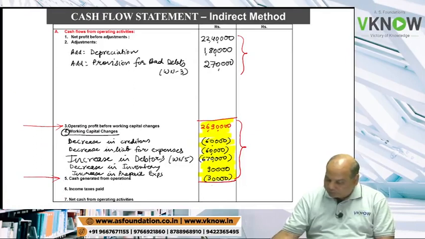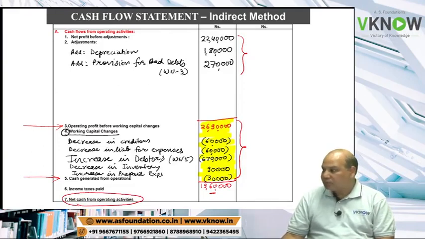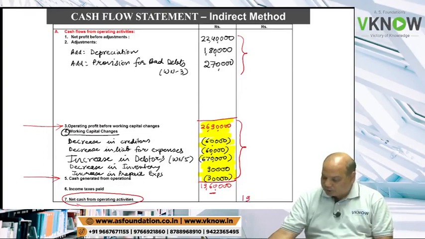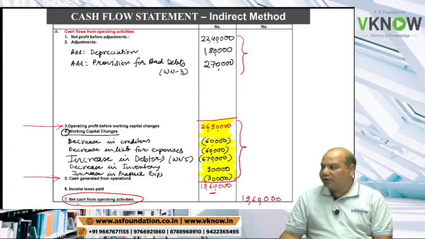Then income tax paid is 0 in this question, so cash flow from operating activity will be 19 lakh 60,000.